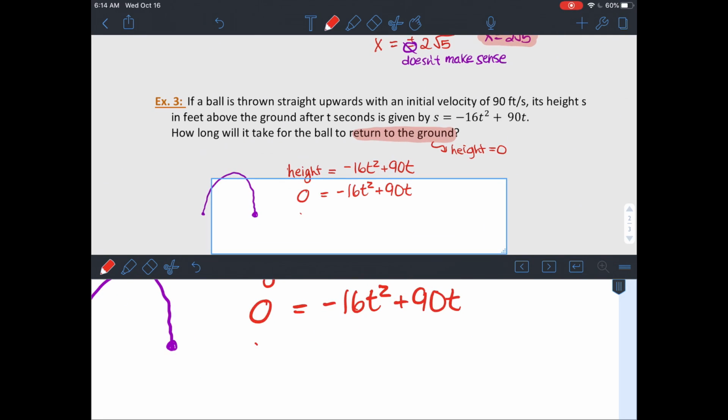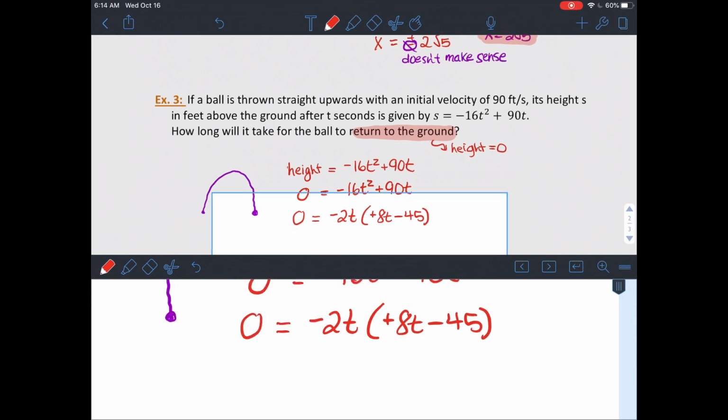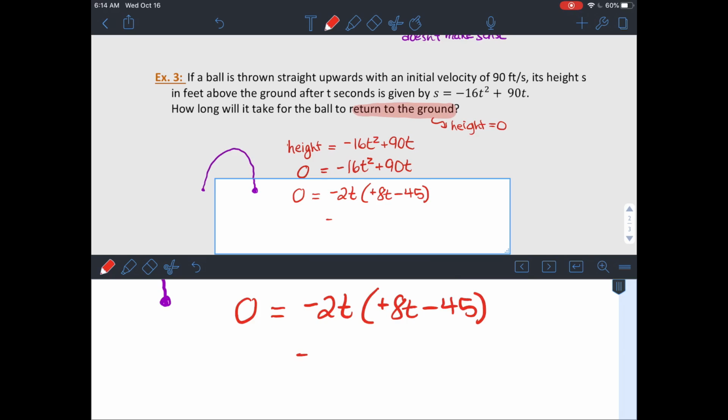I'm going to solve by factoring, so I'm going to factor out a -8 here. And, nope, sorry, not a -8, just a -2. That's going to leave me with 8t minus 45. Set each of my factors equal to 0.